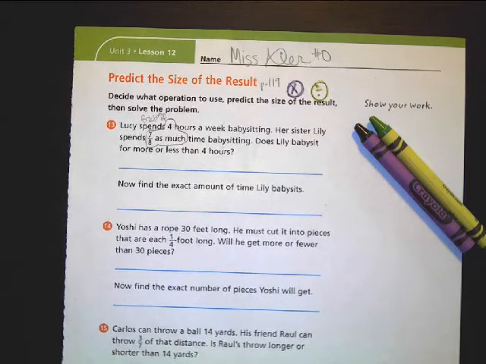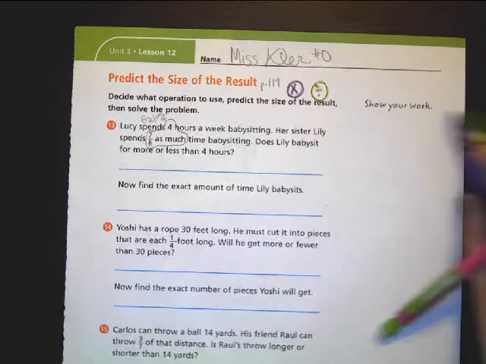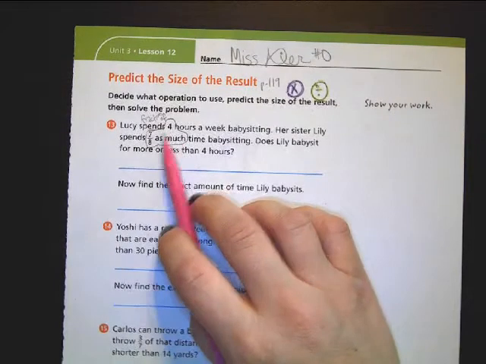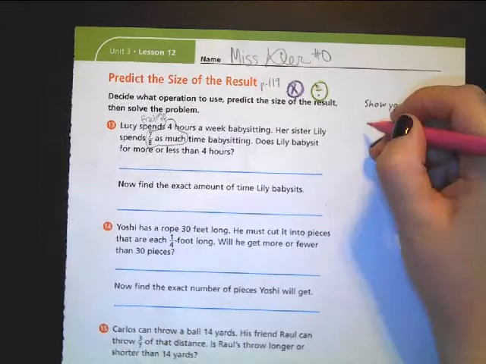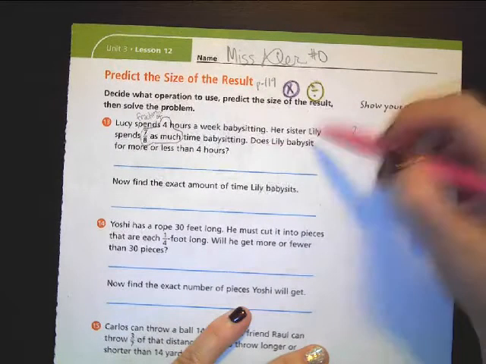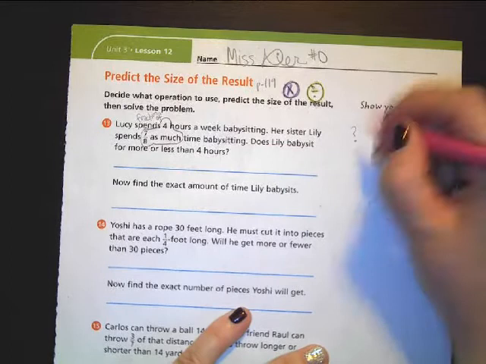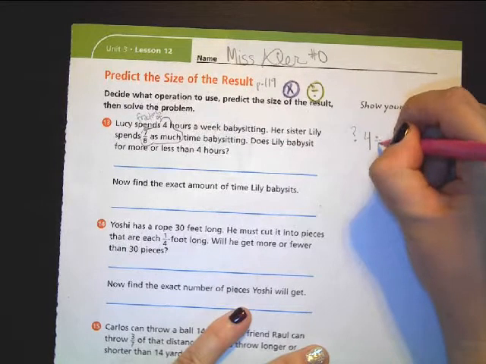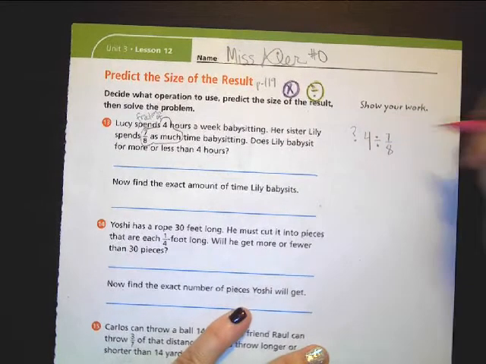She does a fraction of. It's going to be smaller than 4. So, if you think that you can't figure it out and you think it's division, let's try division. 4 divided by 7/8.